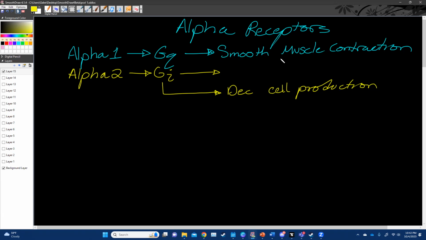If the alpha 2 receptor is on smooth muscle, then we also have smooth muscle contraction. But it's through two different mechanisms. And understanding the difference between these mechanisms is super, super important.